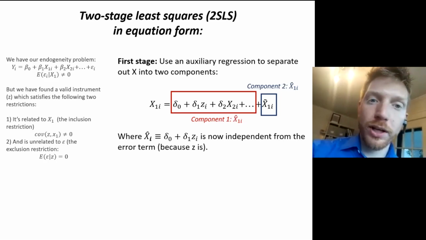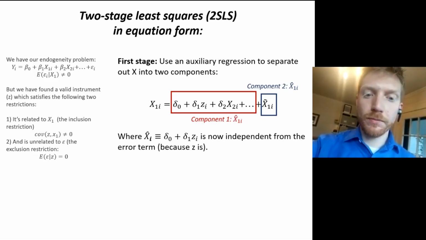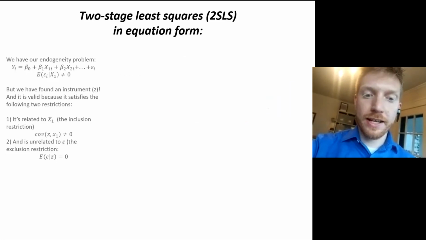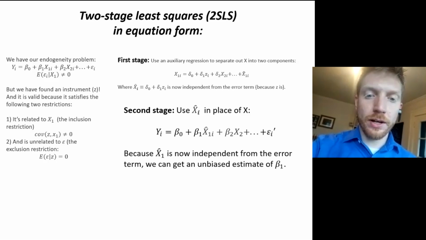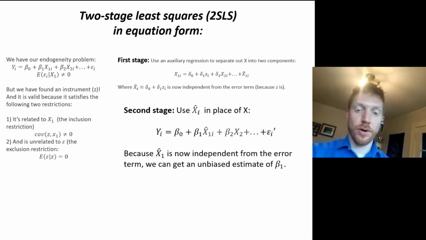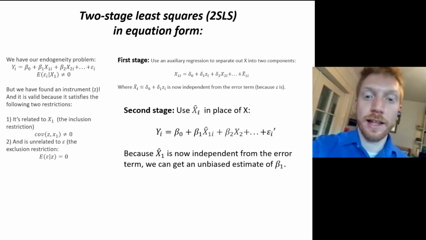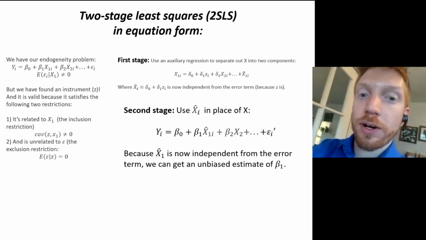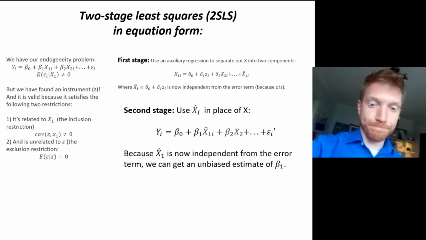They're included in the first stage. In our second stage, we are going to use X hat in place of X. So in only using a portion of X hat, we are getting rid of our endogeneity problem.